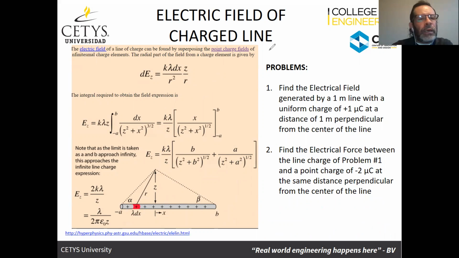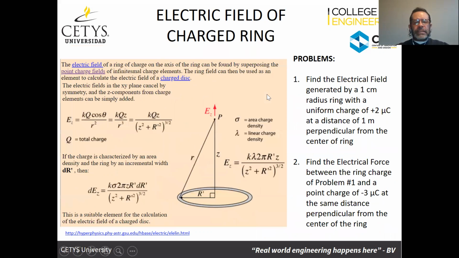And so let's move on. And so now let's imagine that instead of having a line, now we have a disk. And so we've got the electrical field, I'm sorry, not a disk, a ring. Now we've got a ring. And the ring situation is going to be exactly the same as the line, where we are going to consider a very small portion here of the ring.